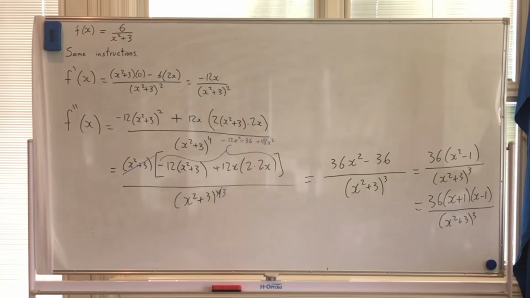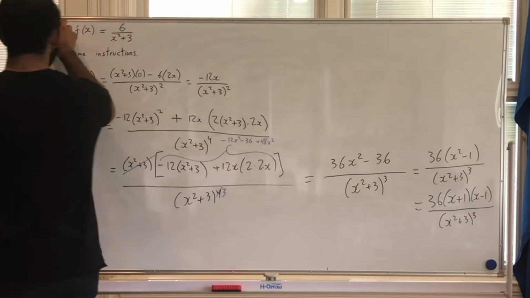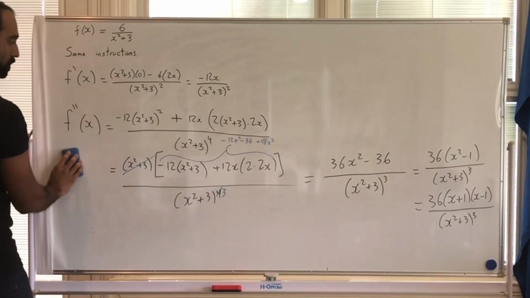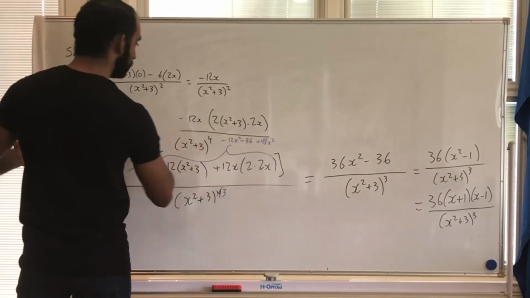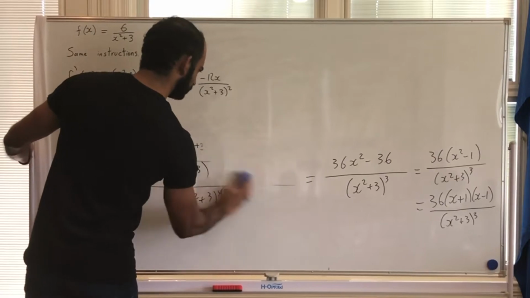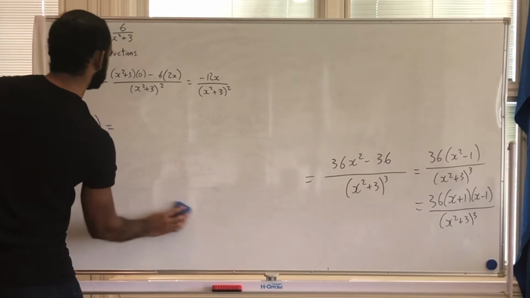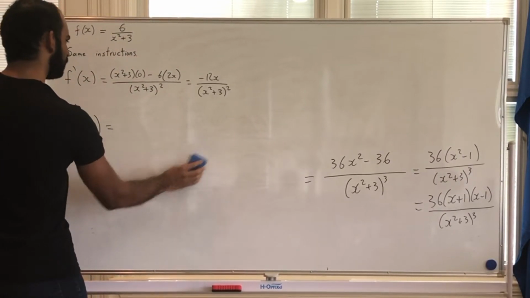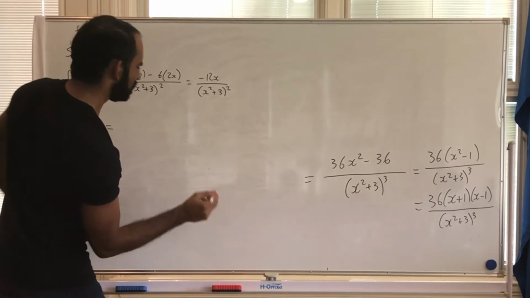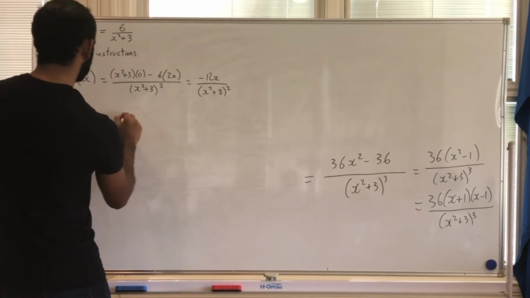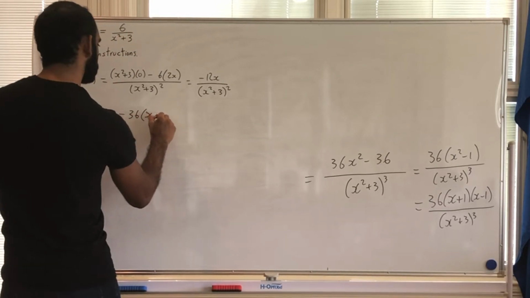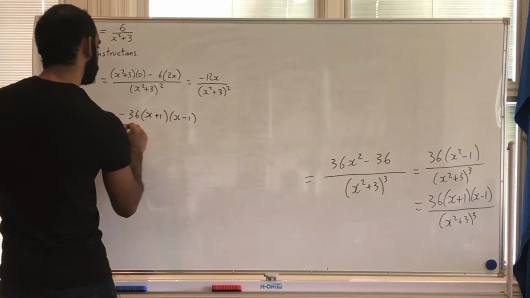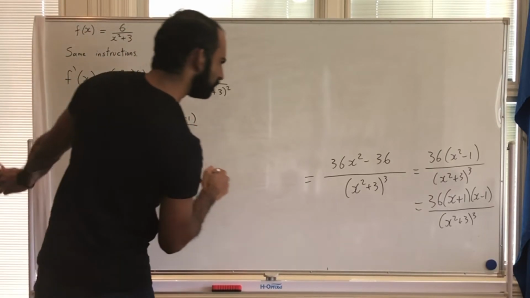Now, I need some room for my graphing and my interval testing and all that good jazz. So I am going to erase all this and put that over here. F double prime is negative 36 times x plus 1 times x minus 1, positive 36, I think.